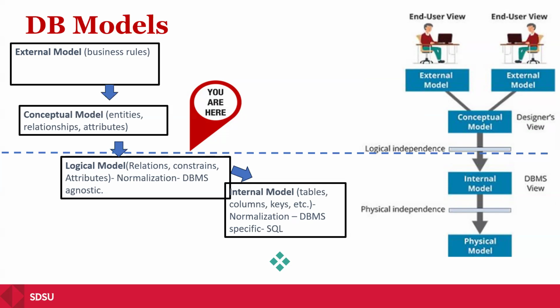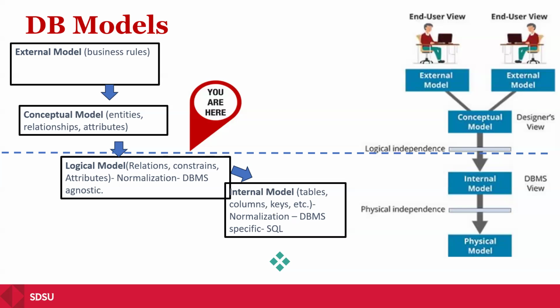Then during the last three classes, we were working on conceptual data model. So we had to deal with entities, relationships, attributes. We talked about simple conceptual data model. We talked about advanced conceptual data models that included subtypes and supertypes. And today we will be talking about logical model or relational data model.